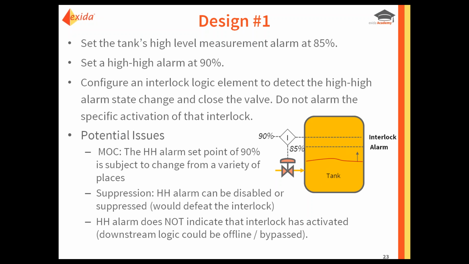And they may not even know that that's what they're doing because it's not well defined or documented or represented. Also, if the alarm were disabled or suppressed, that would prevent the activation of the alarm, and then the interlock would never activate itself. So that would effectively defeat or bypass the interlock.